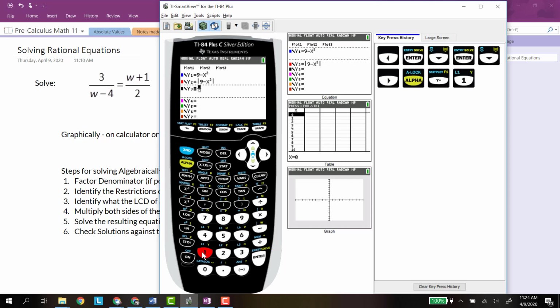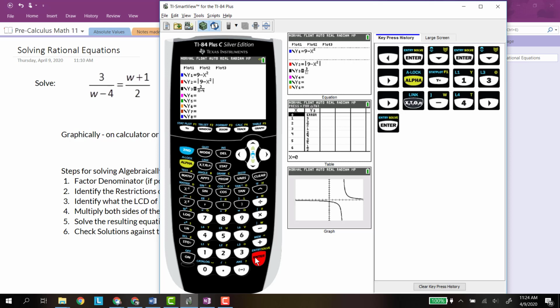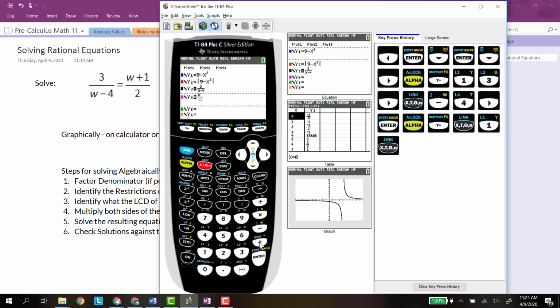So I will go with left side 3 over, we can't use w, x minus 4. Let's look at doing this with left side equal to right side. And so we will go x plus 1 over 2.